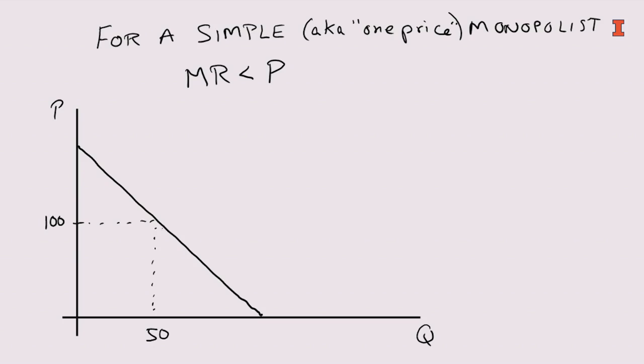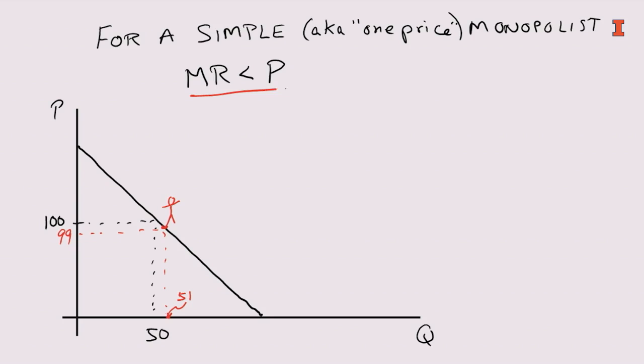But if I want to attract the 51st buyer into the market, I have to drop the price to 99. And that would in fact allow us to sell to 51 people. Draw a little arrow to that spot.